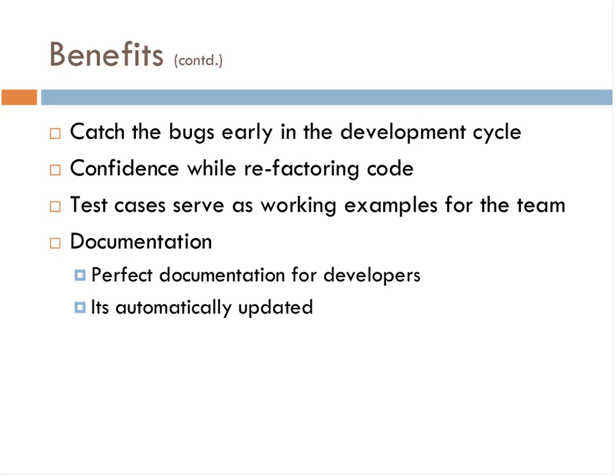But most of the time developers refrain from refactoring, saying it's still working, so why refactor? If I refactor it, it might induce some defects, something might crash here and there. But if your code is developed using TDD, you will have the confidence to refactor the code at any point.